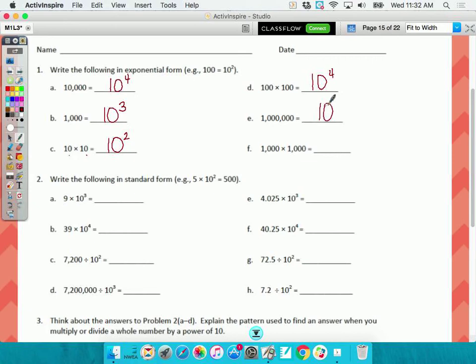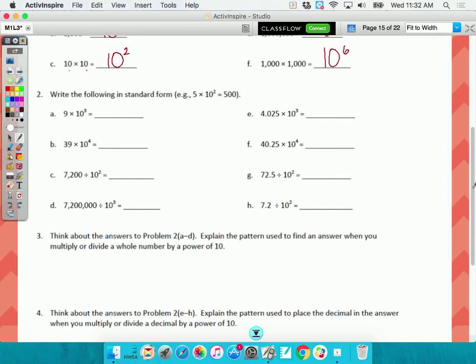You're right. 10 to the 6th power. Katie? What about the next one? 10 to the 6th. You're right. You know, I thought that was going to be 10 to the 5th. Anybody else think that? Yeah. So then I counted my zeros and I went, oh, well.